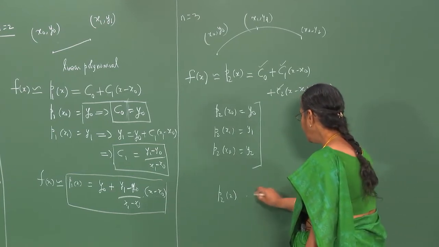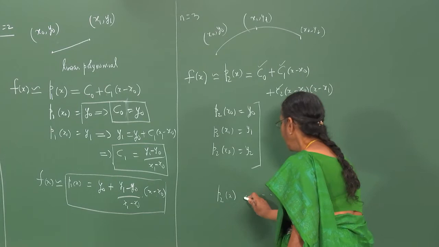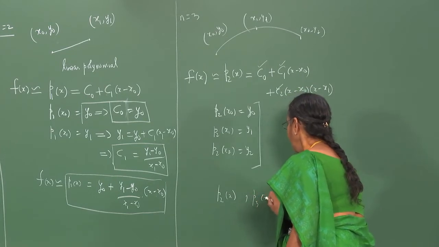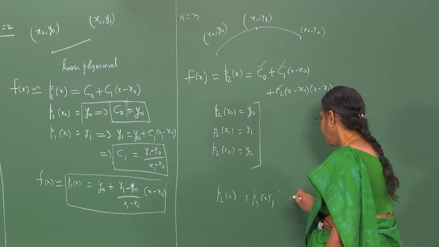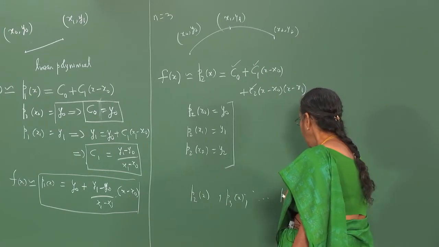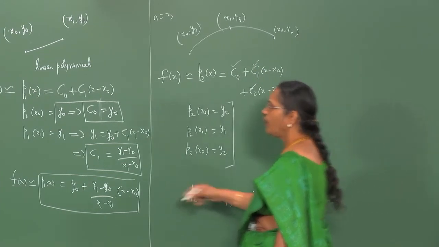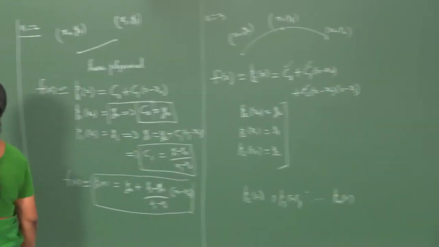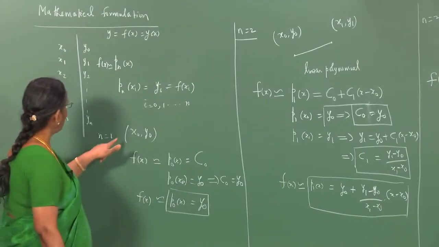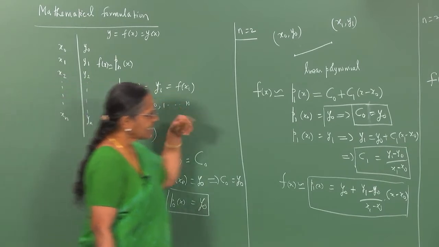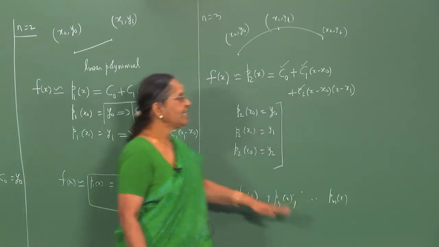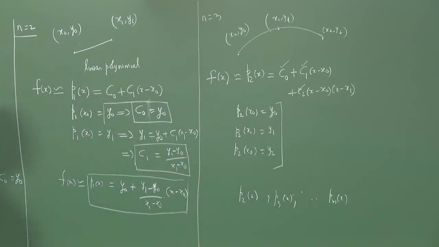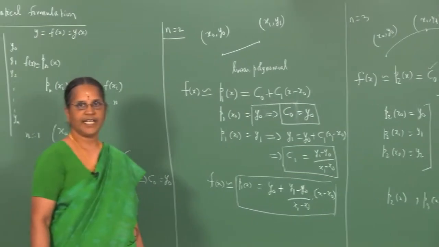So, we can continue in this way and construct higher degree polynomials given n is equal to 4, p3 of x, etc. So, that finally given n plus 1 points, namely xi comma yi for i is equal to 0 to n, we can get a polynomial Pn of x of degree n that interpolates the given set of data points.